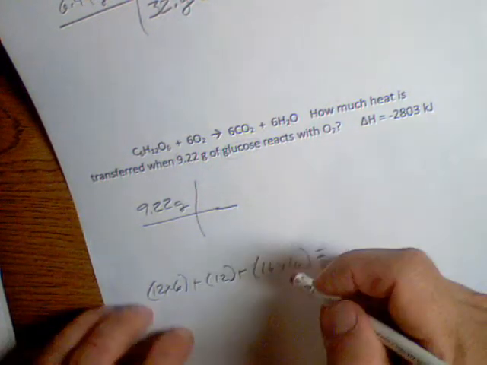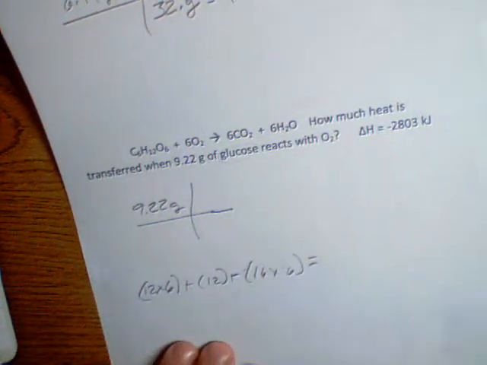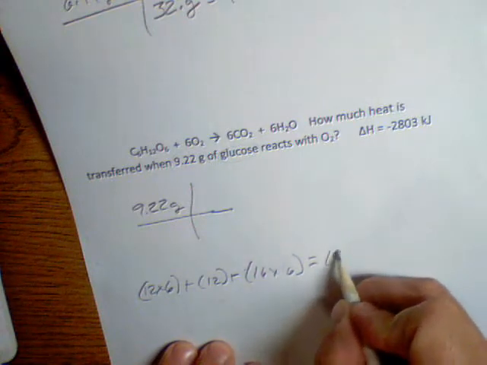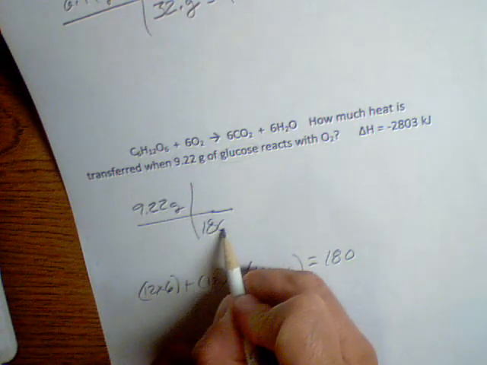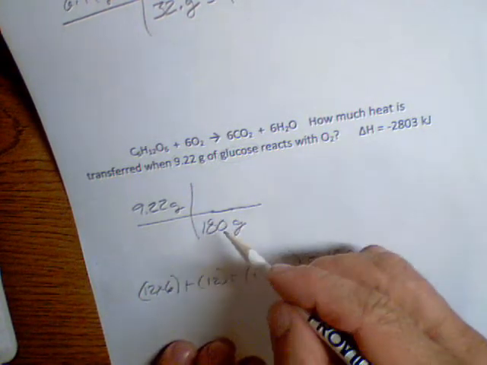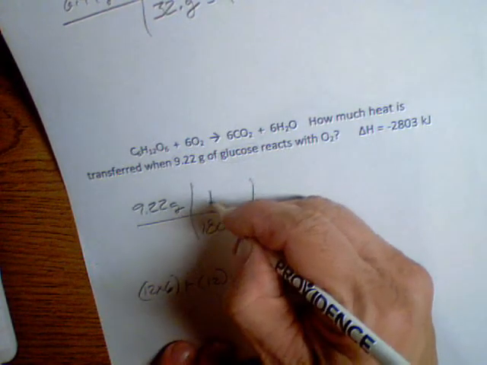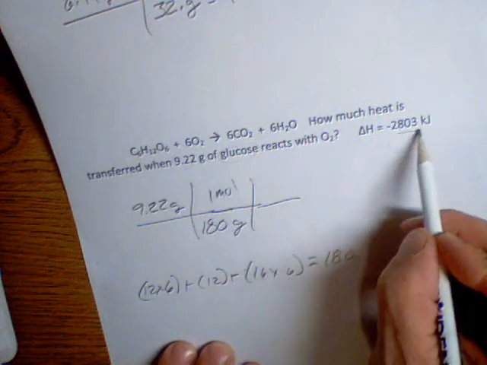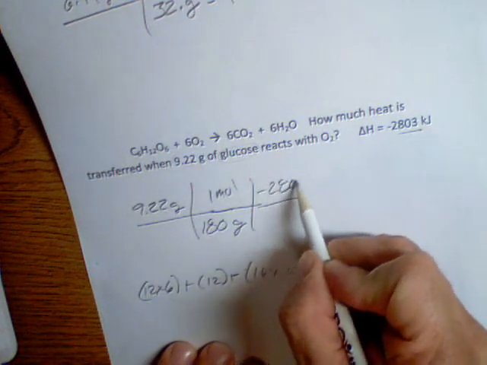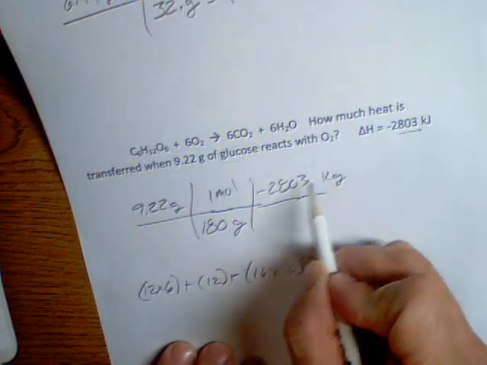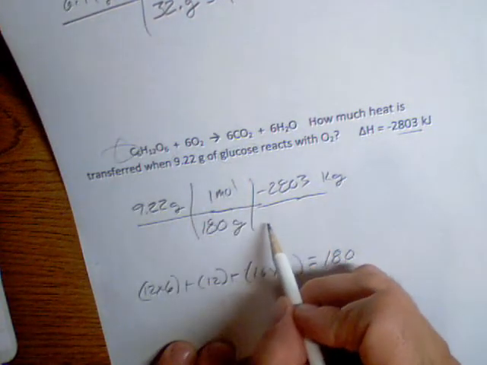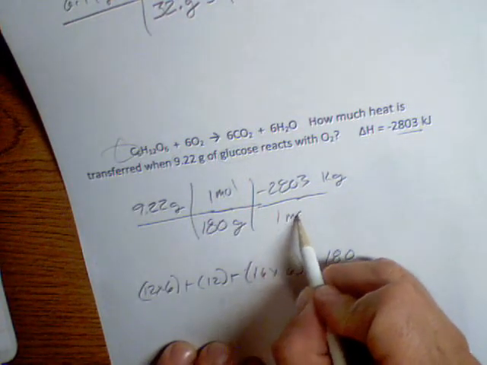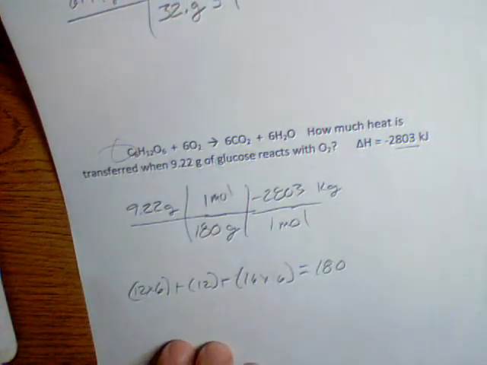Is that what it is? My apologies here. I believe that's 180. So that's where the 180 comes from. We're talking about glucose here, to 1 mole, because we have to convert those to moles. We're going to multiply by our 280 kilojoules. And we only have 1 mole, so that's not going to be a problem.